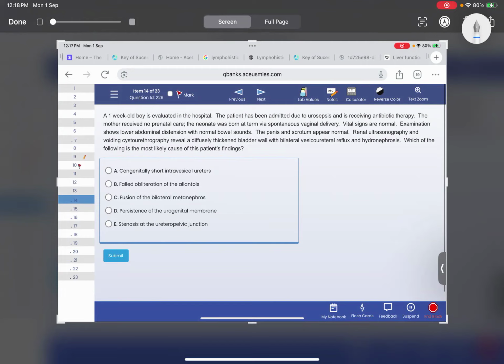The mother received no prenatal care. The neonate was born at term via spontaneous vaginal delivery. Vital signs are normal. Examination shows lower abdominal distension with normal bowel sounds. The penis and scrotum appear normal.